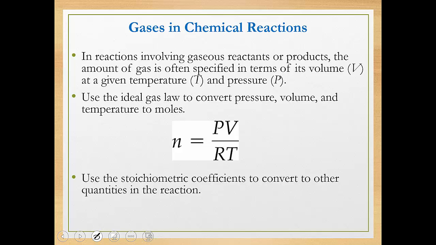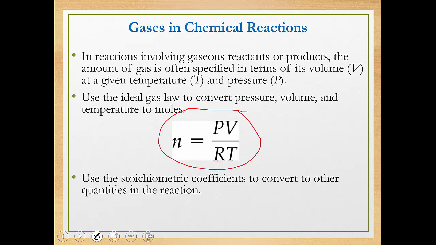In order to use it in the balanced equation, in order to compare it stoichiometrically, remember, stoichiometric comparisons involve moles. So if you have a balanced chemical equation with a gas reaction, that's telling you you need to convert to moles. You use the ideal gas law to convert pressure, volume, and temperature, okay, and the constant here as well.